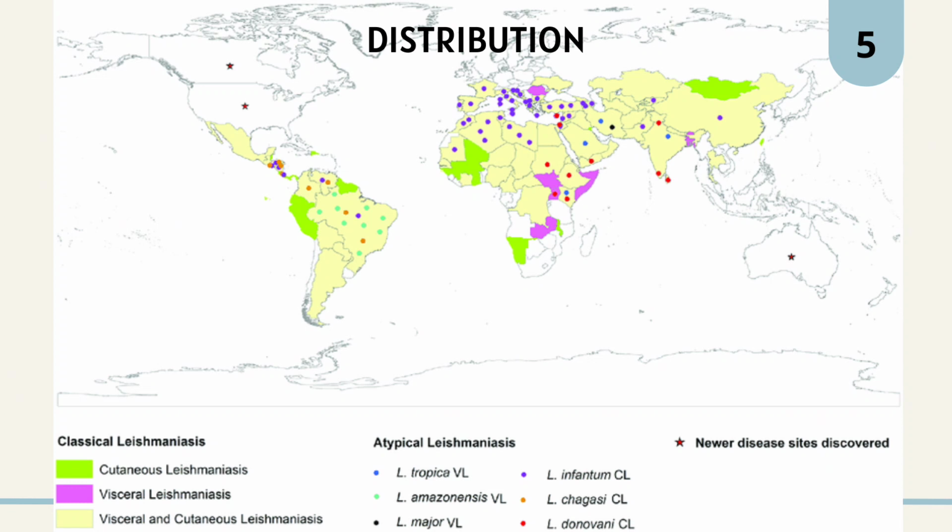However, for now, we'll be focusing on cutaneous leishmaniasis, which is represented by the yellow-green color here. Leishmania tropica is one of the parasites responsible for cutaneous leishmaniasis, and it is prevalent in the Mediterranean basin, the Middle East, North Africa, and parts of Asia.